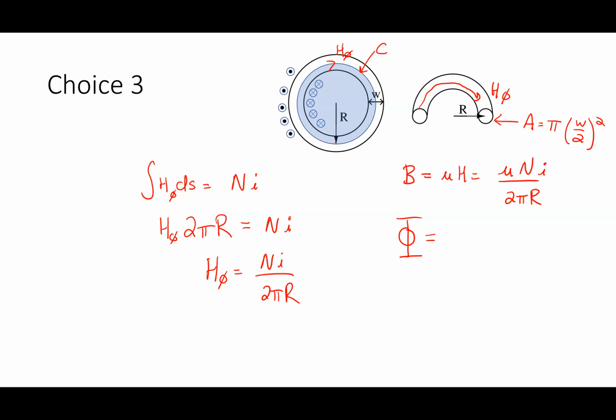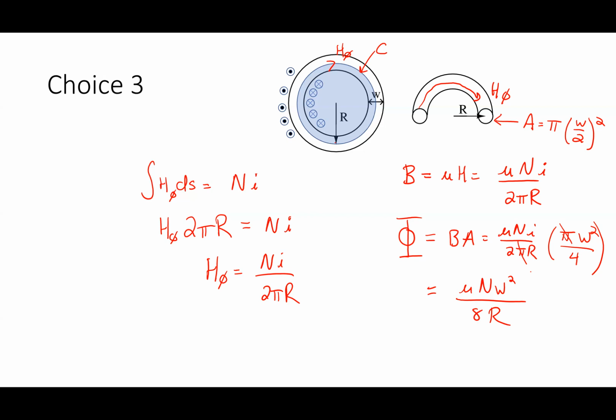So in this case, I end up with phi equal to B times A. That's mu n I over 2 pi r times pi W squared over 4. If I simplify it down, it's mu n W squared over 8r, because the pi's cancel.